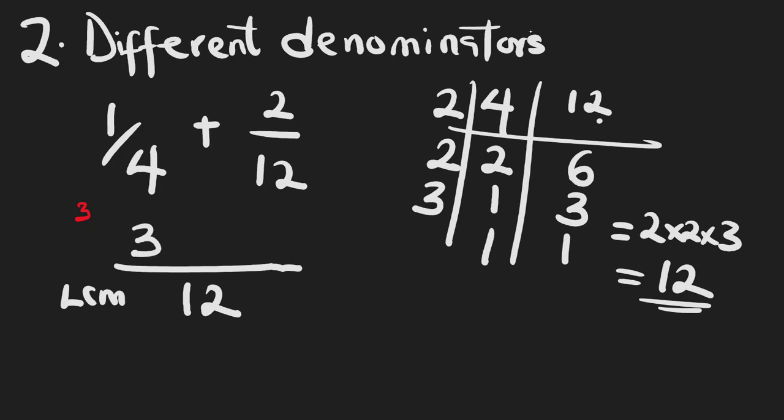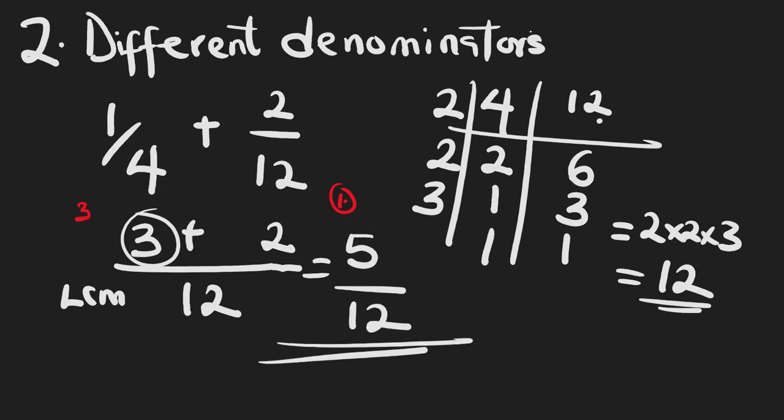So 3 plus, 12 divided by 12 is 1. Then 1 times 2 is 2. So write 2. Can you see? Now 3 plus 2 is 5. So it will be 5 over this LCM 12. And that is the answer: 5 over 12. Let's see more examples then.